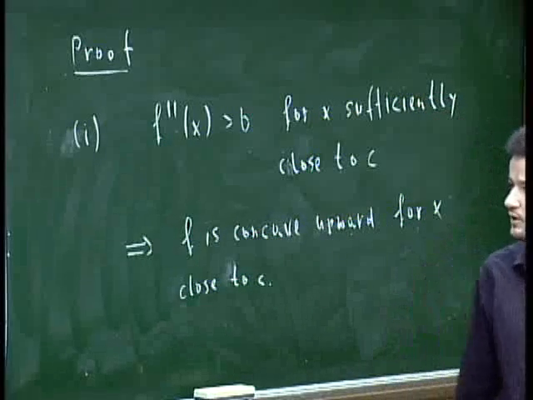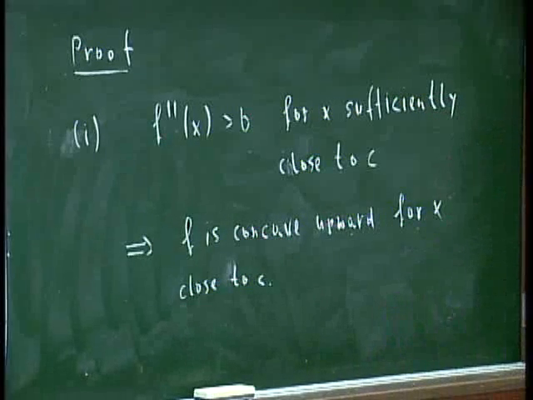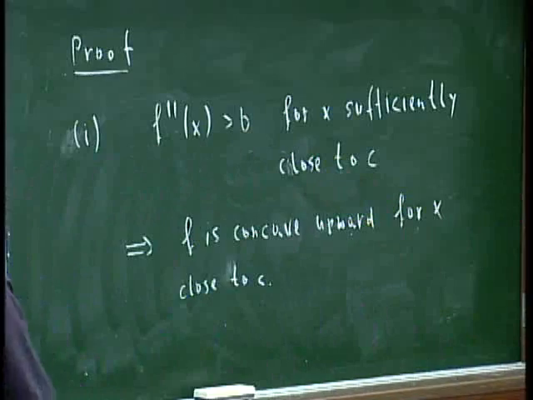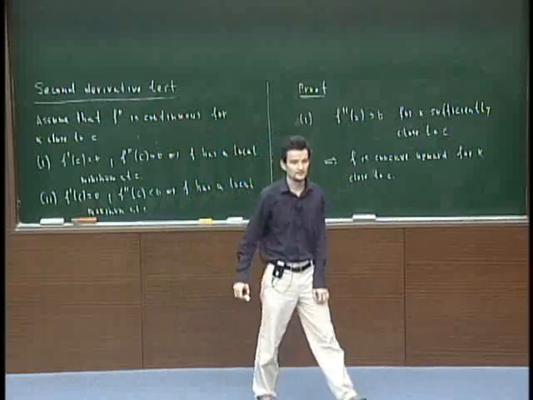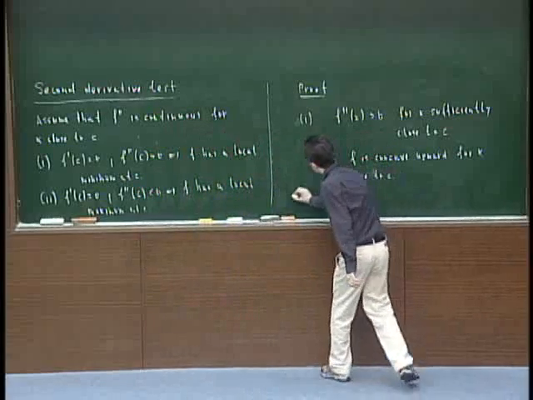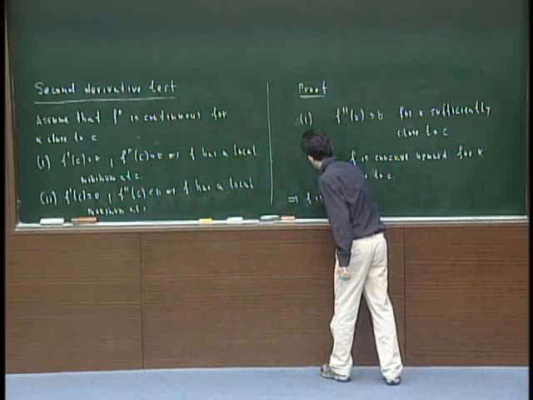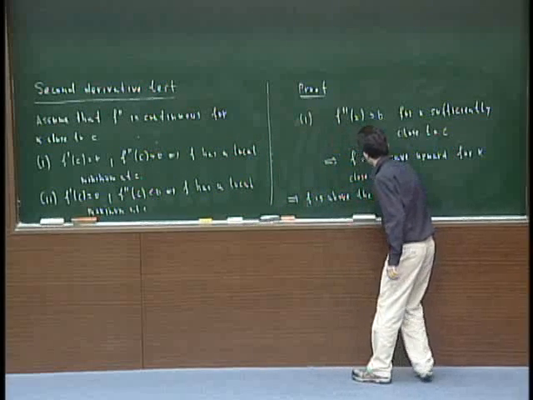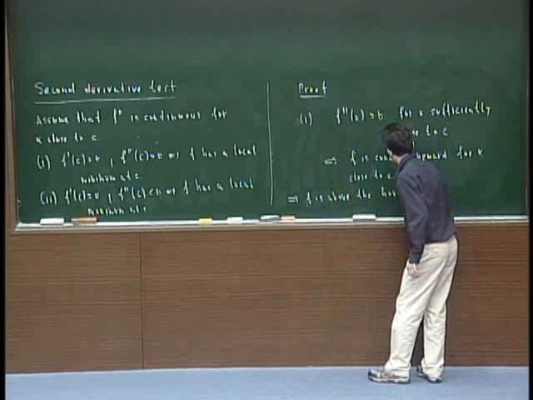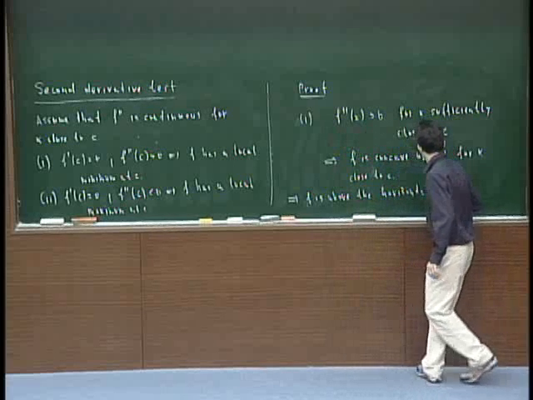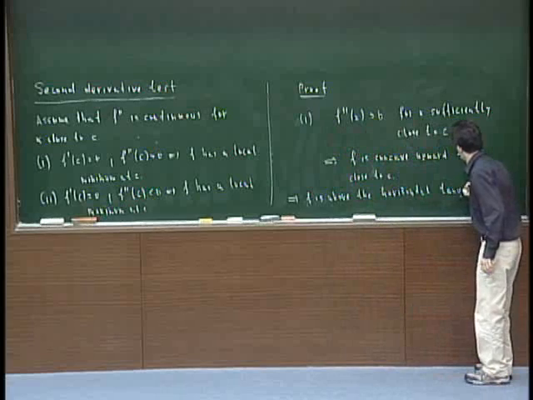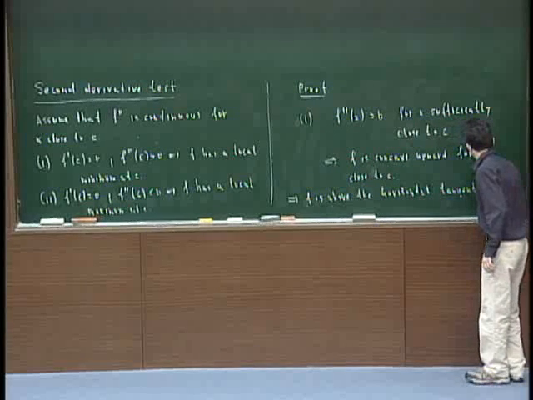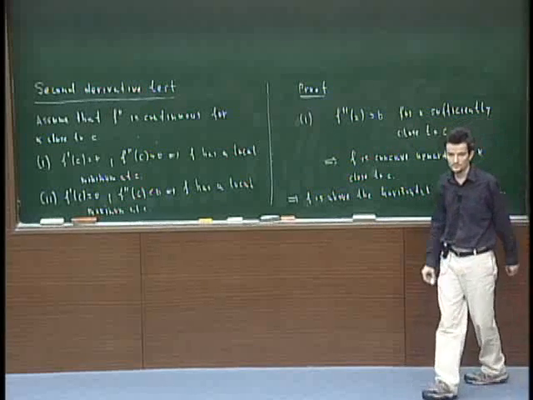But concave upward means that the function is above the tangent. The tangent, you see, is horizontal. So from here it follows that f is above the horizontal tangent at c.